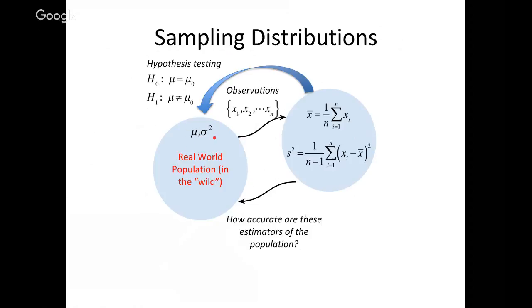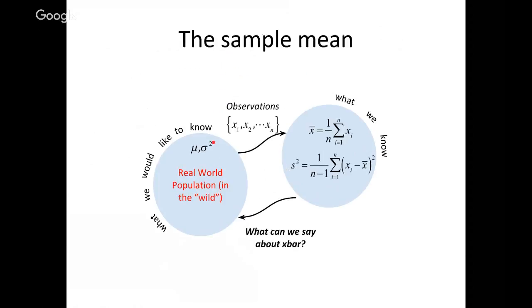And so today's lecture really is about thinking about the estimations, how these estimates relate back to the population values that we're trying to estimate. Okay, we're going to focus first on the sample mean. We want to learn a few things about what it is that we're getting when we compute this sample mean.